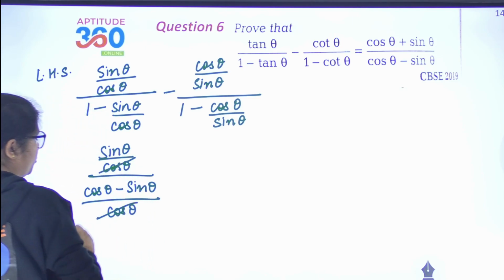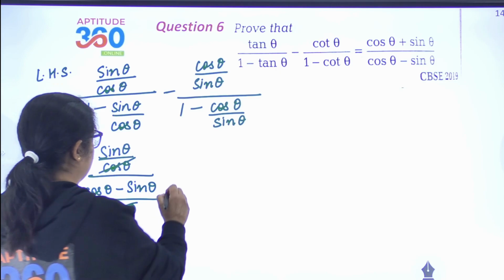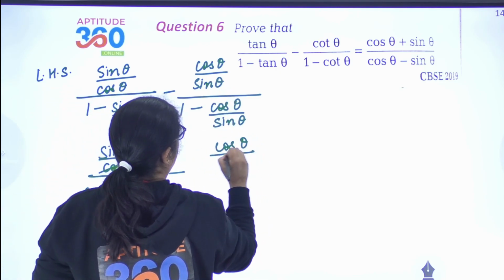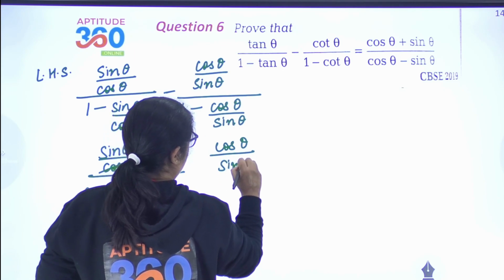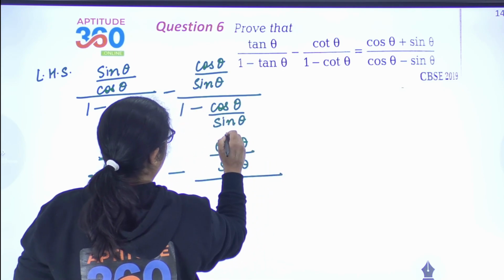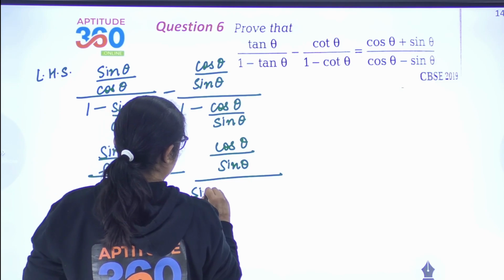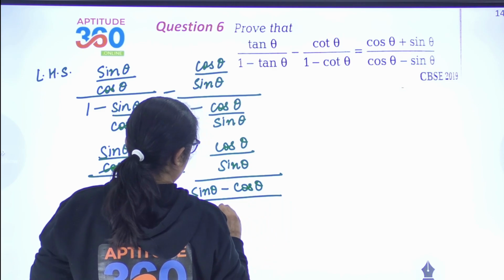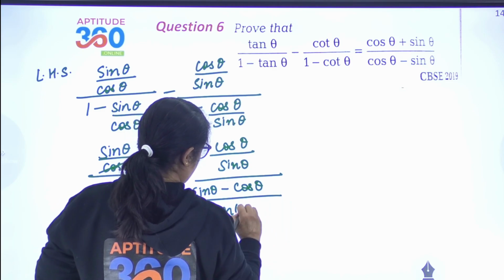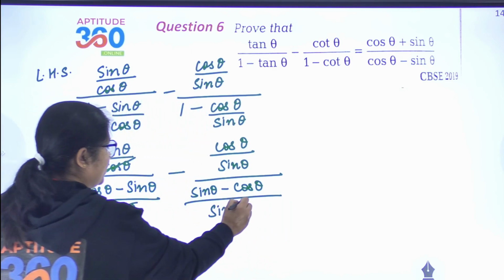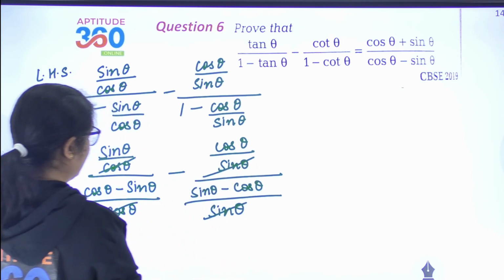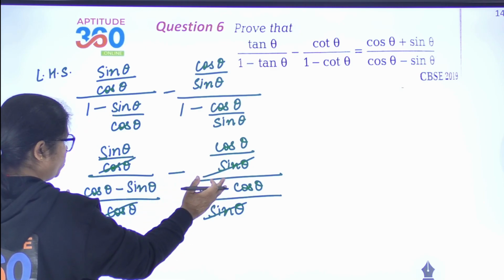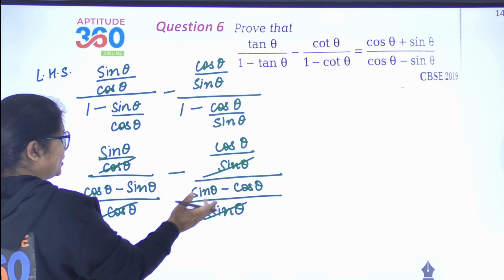Cos theta in the denominators gets cancelled, minus cos theta upon sin theta divided by this, sin theta goes in the numerator. When I solve this fraction, I get sin theta in the denominator and they get cancelled. So can you see some similarity in these two? Yes, only the signs are interchanged.